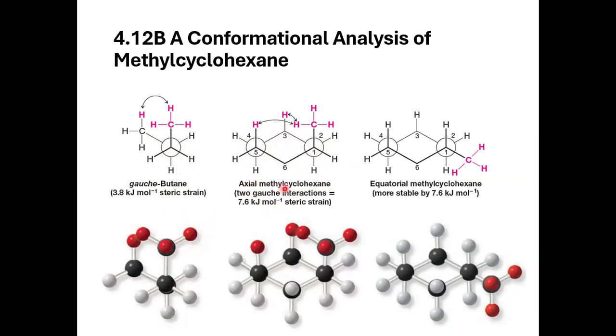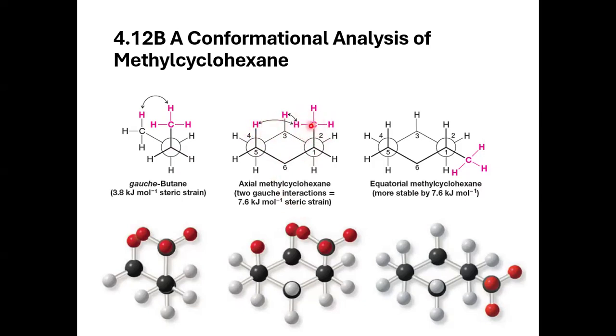And you can position the methyl group of methylcyclohexane here to be up, the axial position. And you can see that in the up or axial position, the distance between the other hydrogen atoms is very close. Because of that, there is greater steric strain exhibited by this bulky alkyl group with respect to the other two atoms.